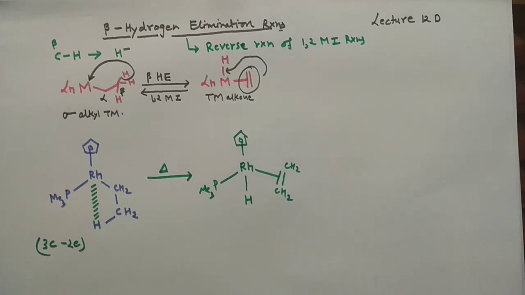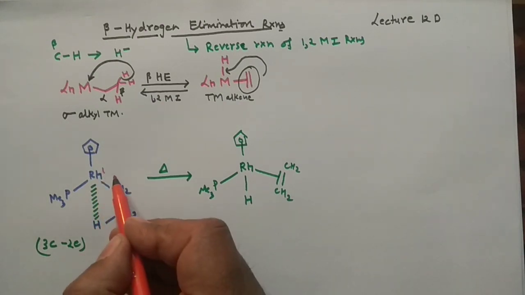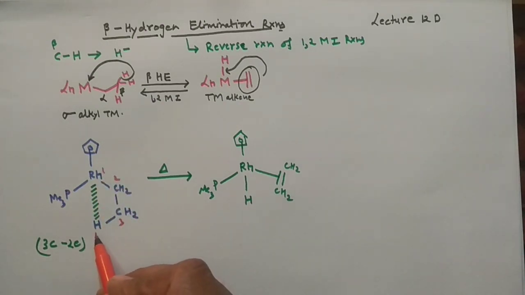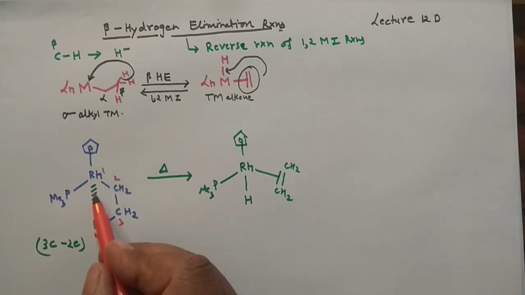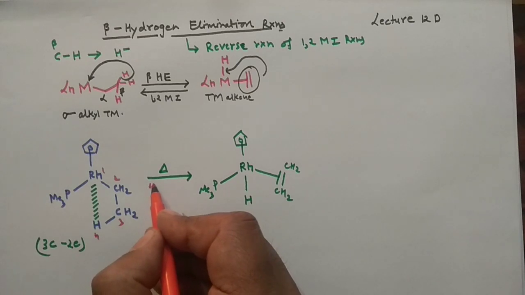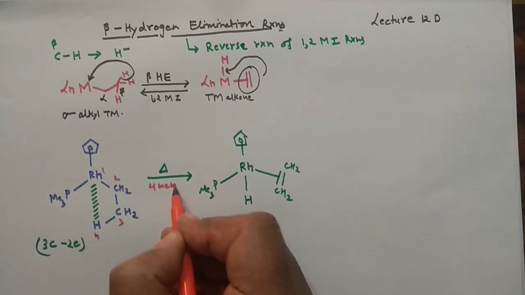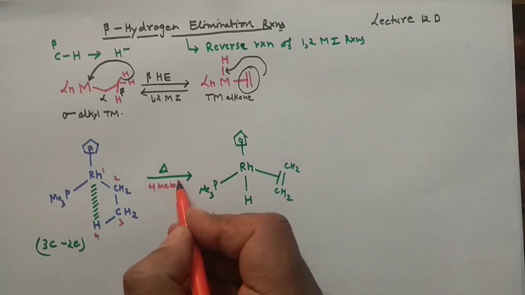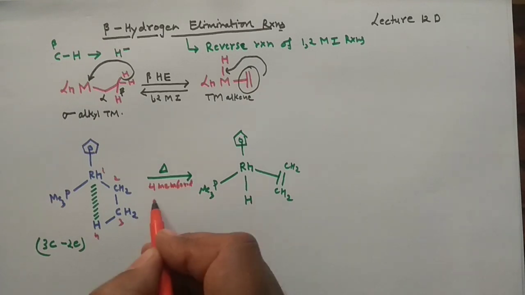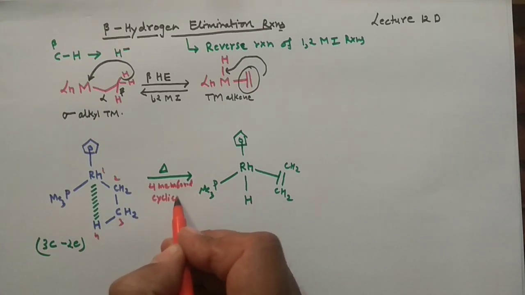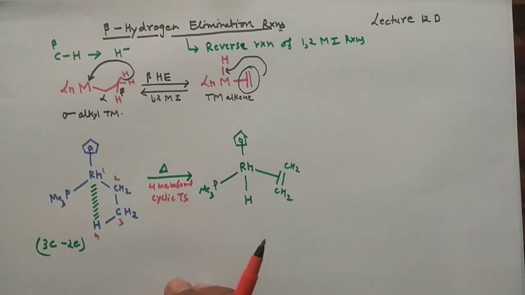And in that case, if you clearly see the reaction, you see 1, 2, 3, 4. A 4-membered cyclic transition state is forming here, right? So you can see, a 4-membered cyclic transition state will form in this reaction.